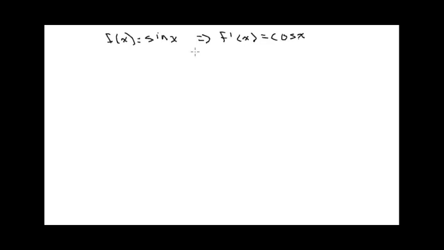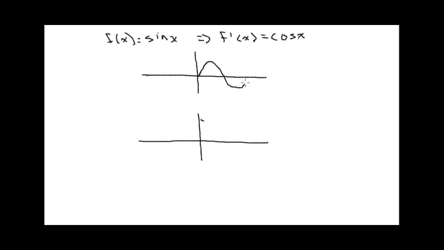So a much more intuitive way of developing this rule is to do it by graphing. I'm not sure how great my graph's going to be on this, but I'll do my best. So we know that sin x looks something like that over a period, that's 2 pi, and then the other period looks something like that.